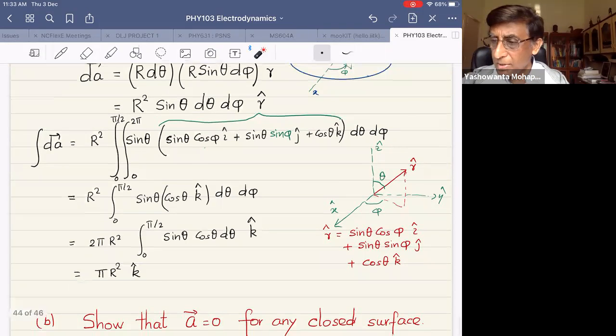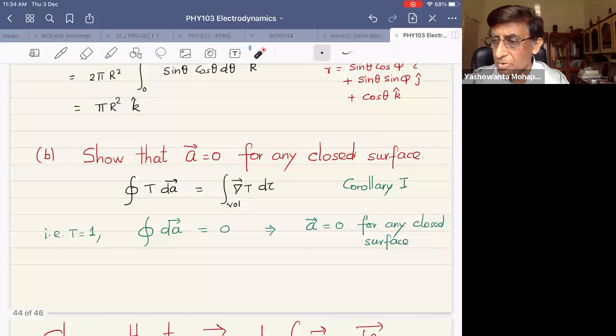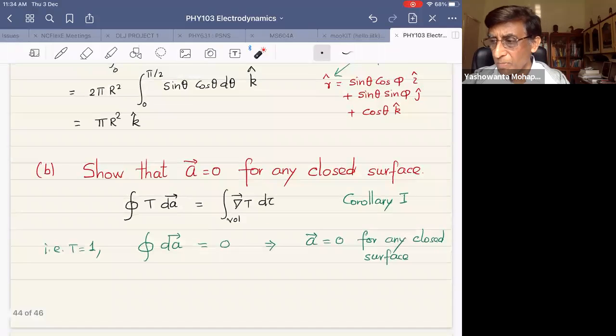Now the second part, the B part. It says that for any closed surface, now I invoke corollary 1. You remember corollary 1? The left side, the volume integral of the gradient of T, is equal to the surface integral of T dA.